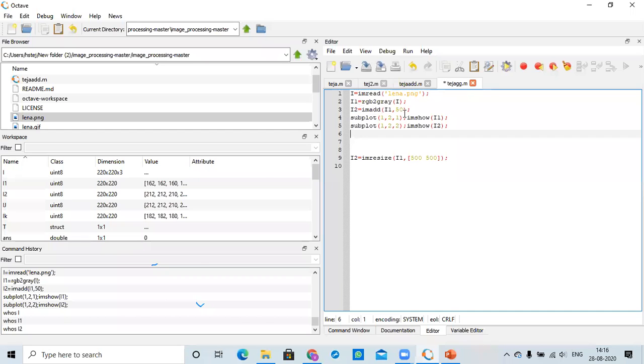I1 and I2: I have improved my intensity values, and purposefully let us subtract and take I3.